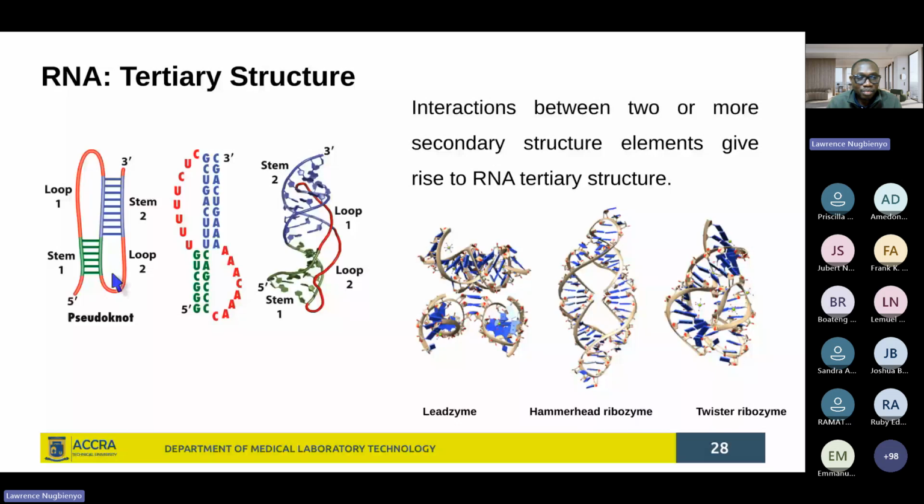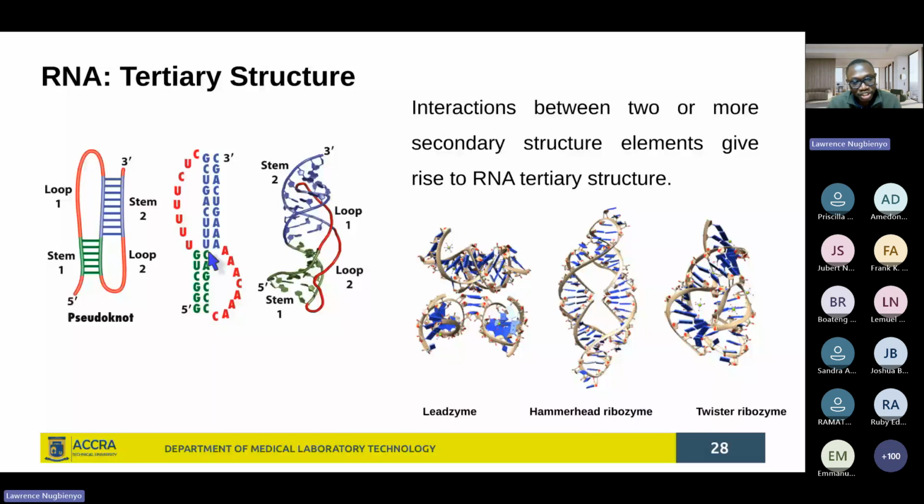And because you have more than one secondary structure, this pseudoknot will be said to have a tertiary structure. It's the same thing which is being shown next to it, this time around giving more detail.